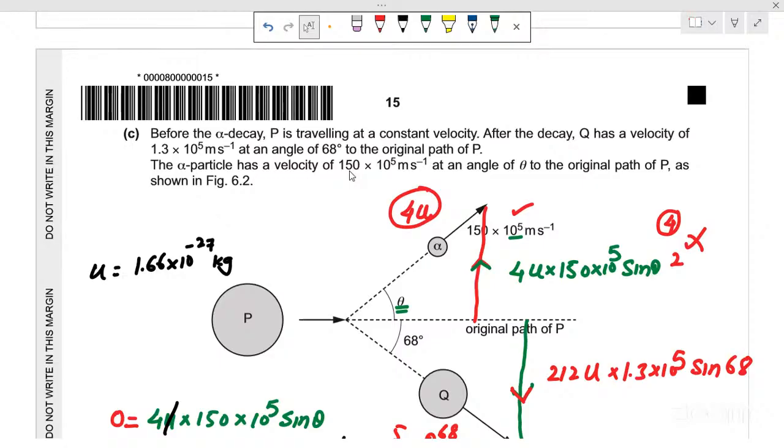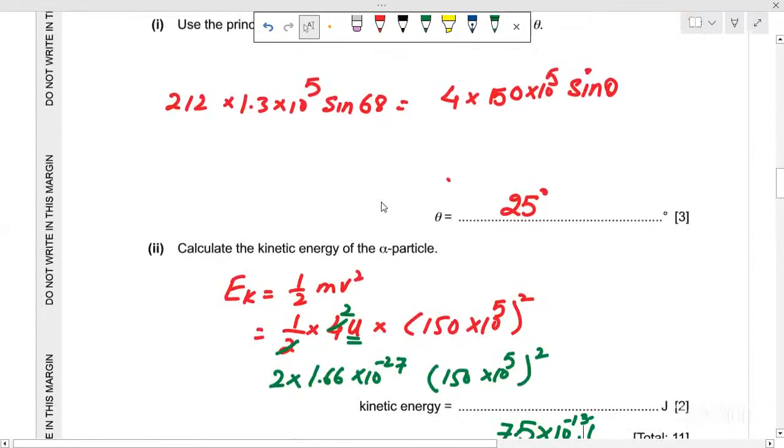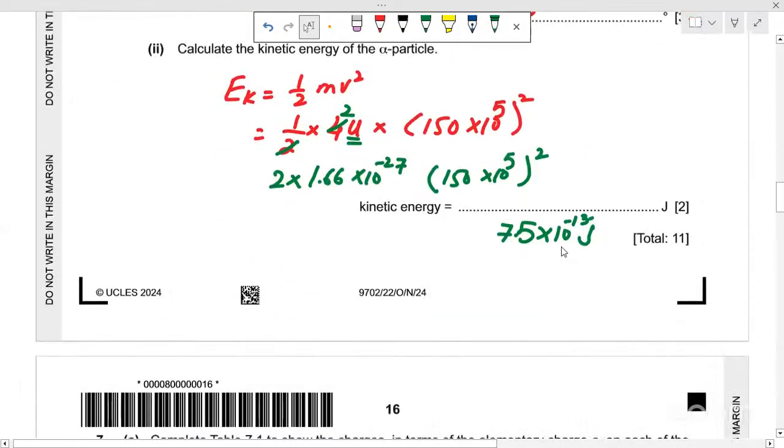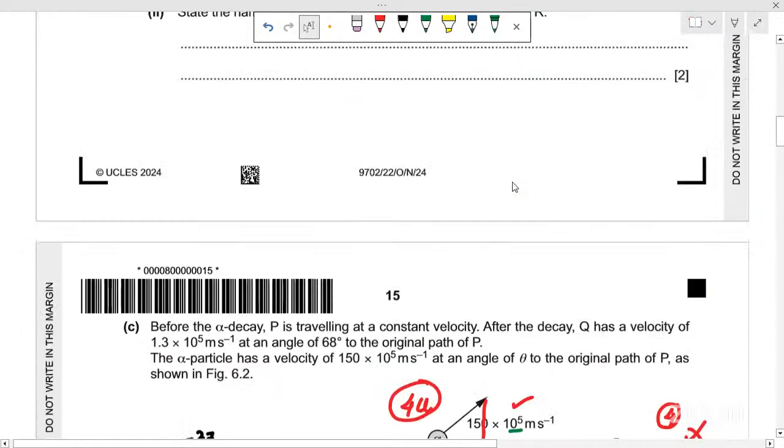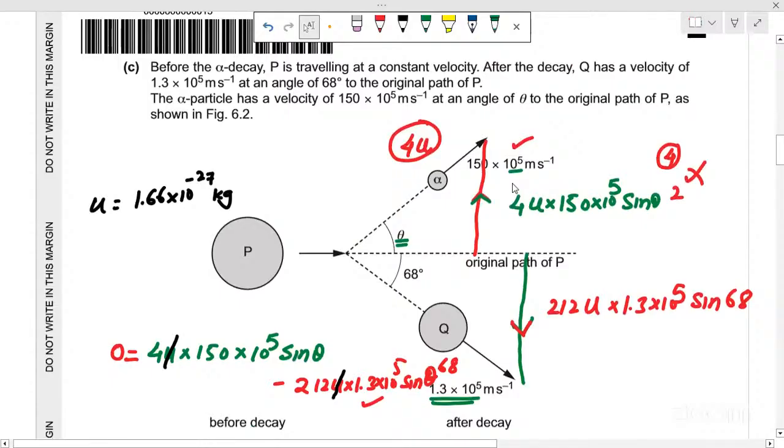So if you have multiple significant figures involved in any question, and there is division and multiplication involved, then you have to take least significant figures. That's why your answer for this part is rounded to two significant figures. Okay. So this was a question related to the conservation of momentum, and it was involving nuclear particles.